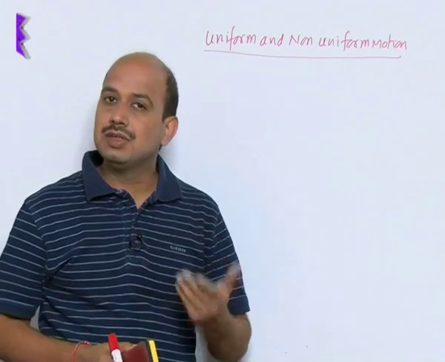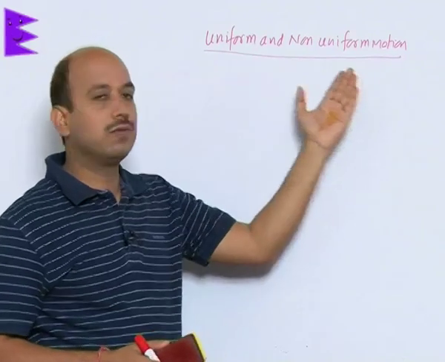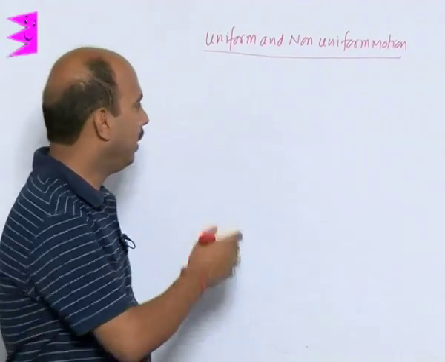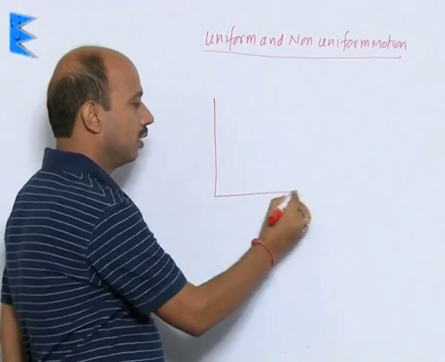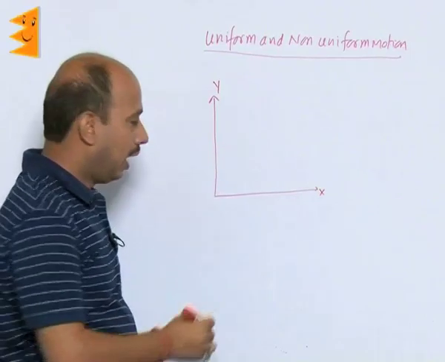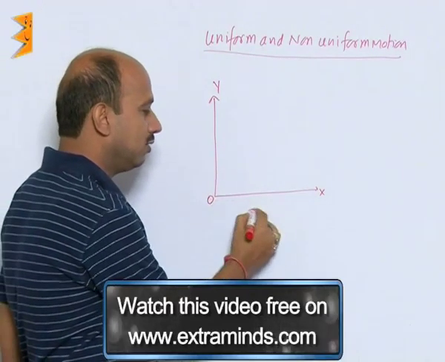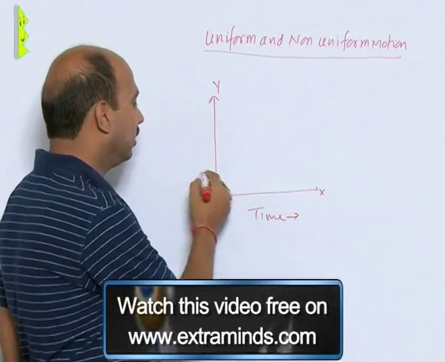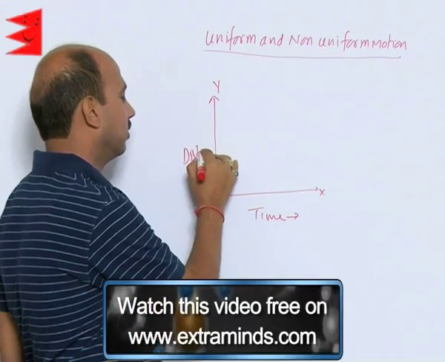We can represent these two motions, uniform and non-uniform motion, with the help of a graph. Suppose this is the x axis and this is the y axis, and you take time intervals on this axis, and on this axis you take distance.